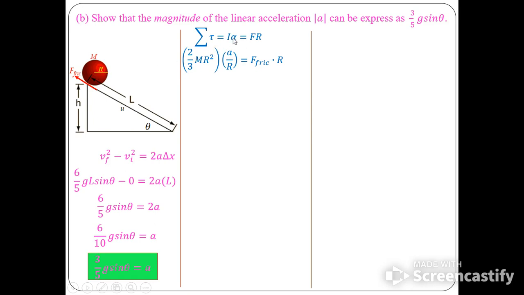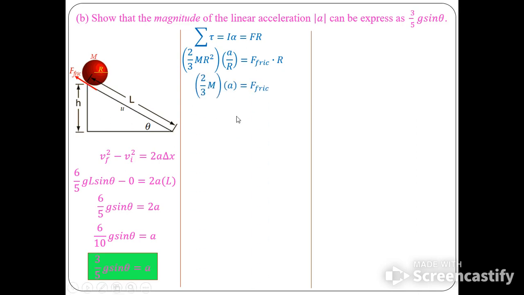And then we can replace alpha with a over R. And then instead of F, we can substitute the force of friction, which is what's causing the torque, aka rotation for this particular hollow sphere as it goes down the ramp. And we times it by the moment arm, or the lever arm, which is R, measured from the pivot, which is at the center of mass, down to where the force of friction is on the incline.